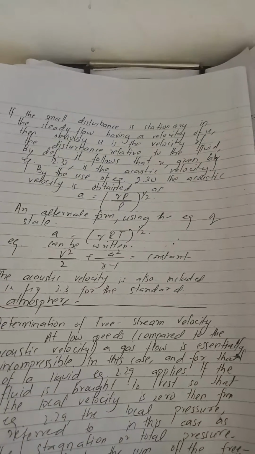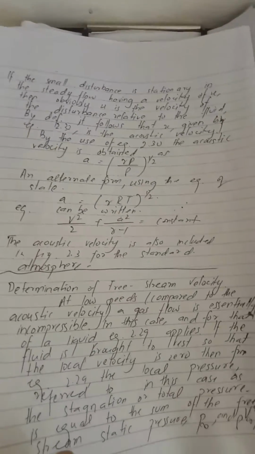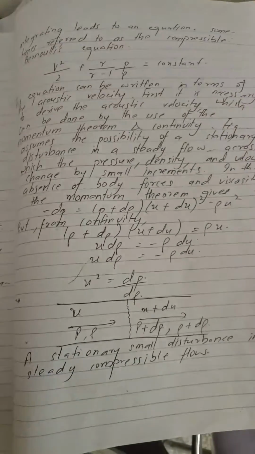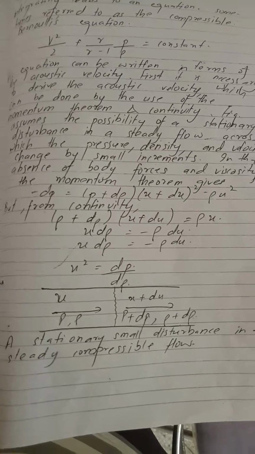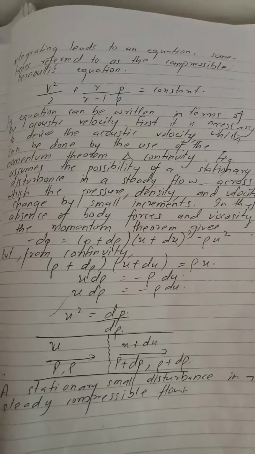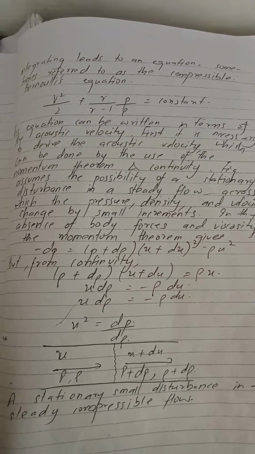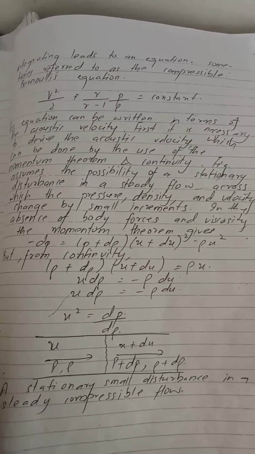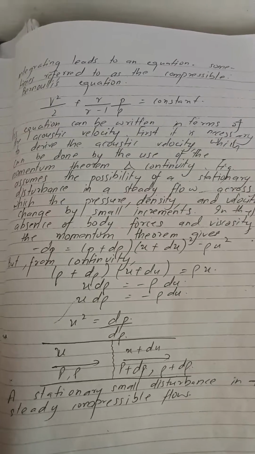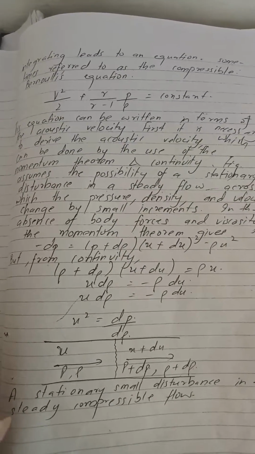And acoustic velocity, to give a small example: when there is a stationary small disturbance in a steady compressible flow, there would be an acoustic velocity. Okay, and we have discussed what the acoustic velocity is by using the previous concept of momentum theorem and continuity.